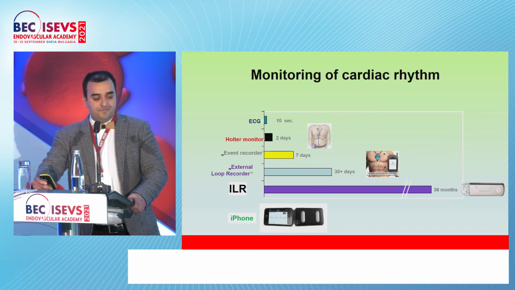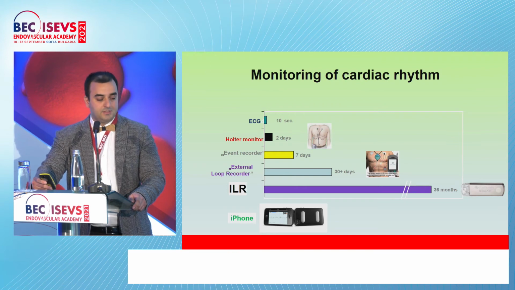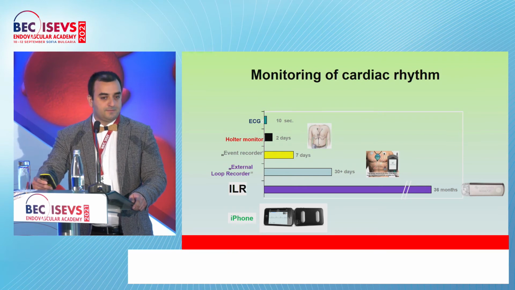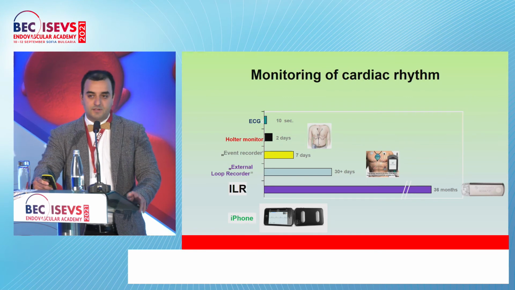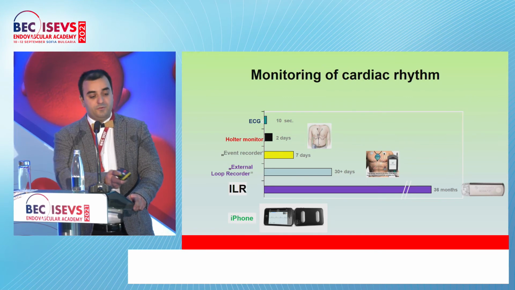Nowadays, we have a lot of new devices, smart watches, and different smart devices, and they provide useful information about our rhythm. We have several trials about this, and probably this is a promising future.